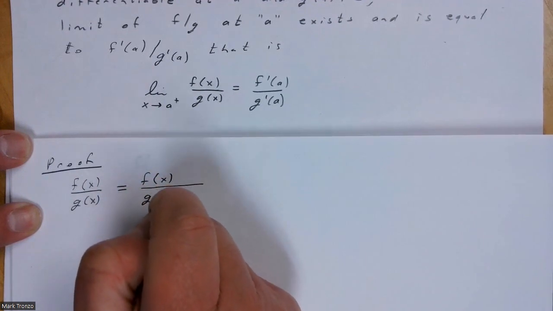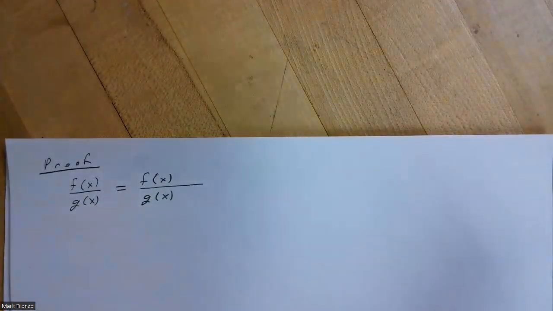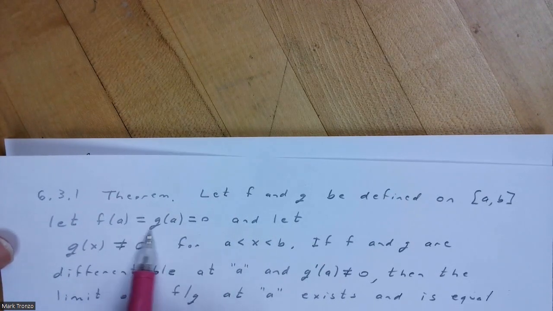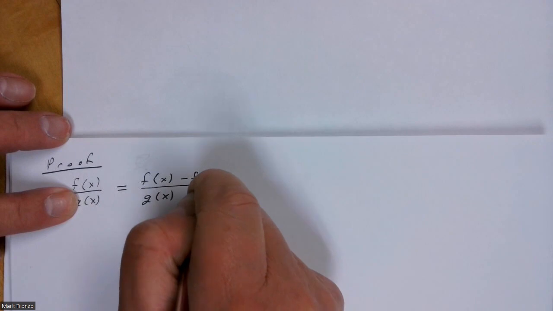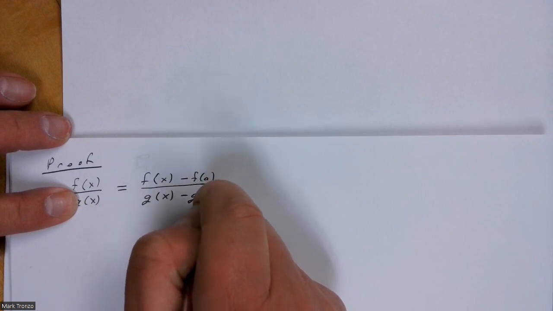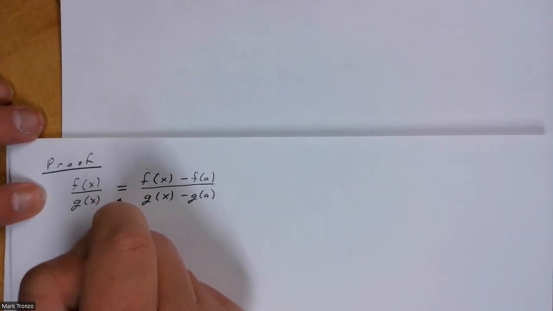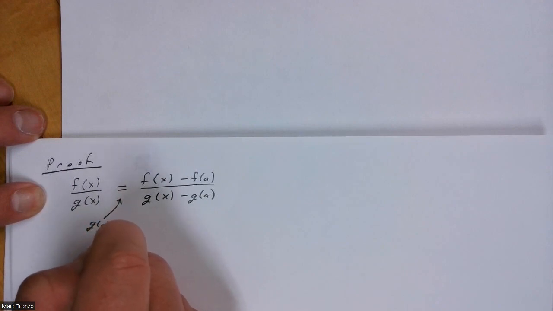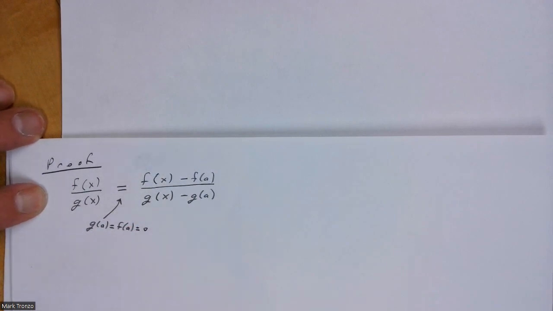Now we can subtract 0, of course. Notice one of the conditions we have for our theorem is that f of a and g of a are both 0. So we can always add or subtract 0 whenever we want. So let's subtract f of a here and g of a here, since they're both 0. That's a critical point: g of a equals f of a equals 0. So that's a critical point here.